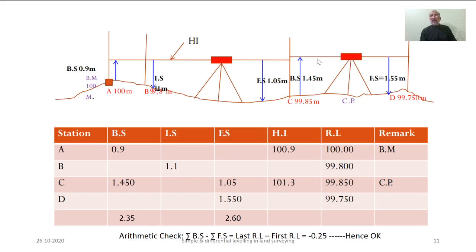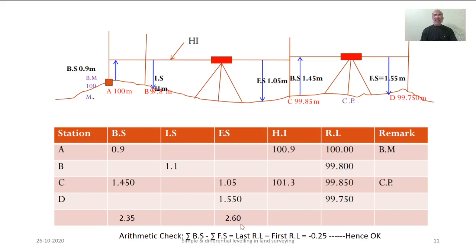So the line of sight RL is changed, its height is changed. Hence, we have to work out this HI afresh. In order to determine that, here you have the previous RL 99.85. As you add 1.45 to that, you will get the newly established height of instrument. Hence, as we deduct the last sight which is taken on the last station, you will be able to work out the reduced level of the last station.